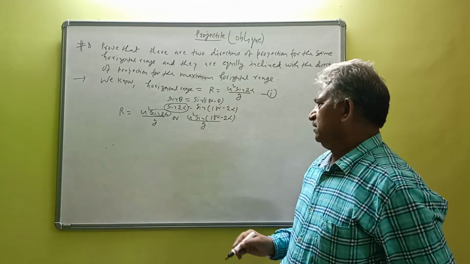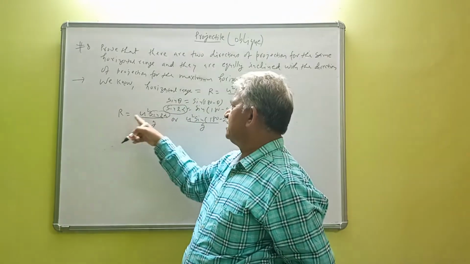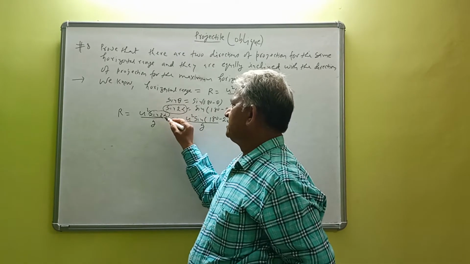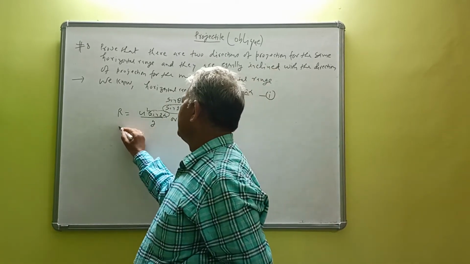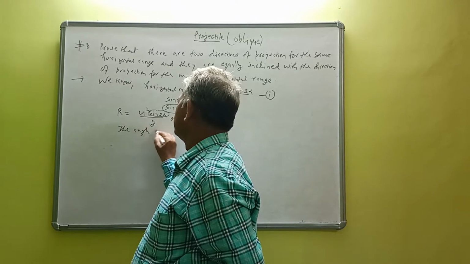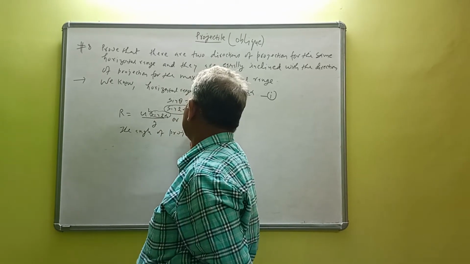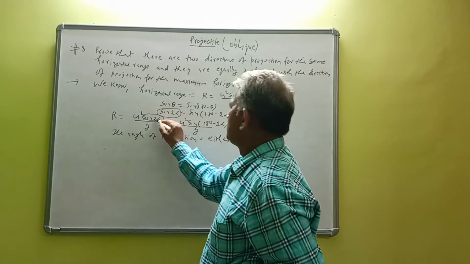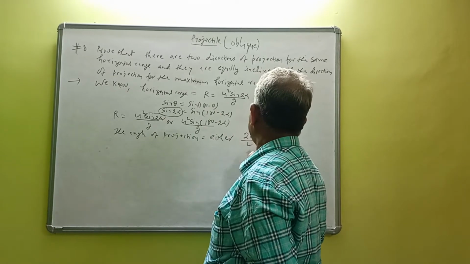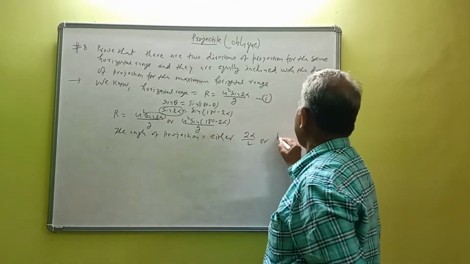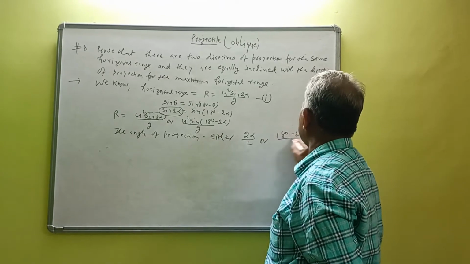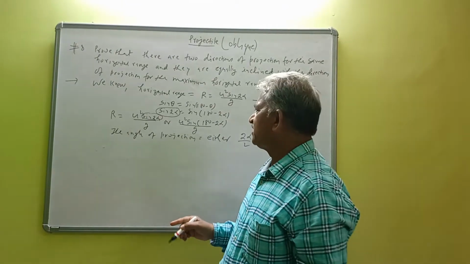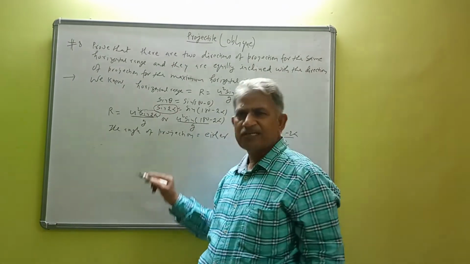And we know whenever the horizontal range is this one, at that time the angle of projection is half of this angle. So we can say the angle of projection is equal to either 2 alpha by 2 or 180 minus 2 alpha by 2, because the horizontal range is equal to this one, and half of this angle is called the angle of projection.